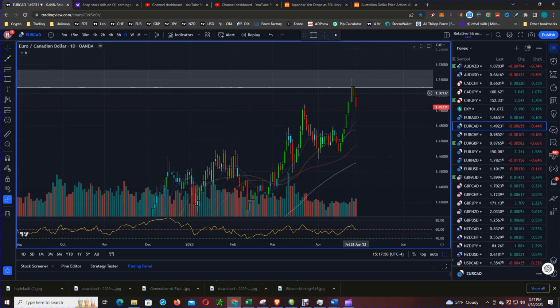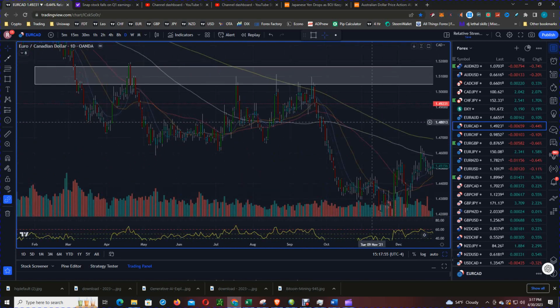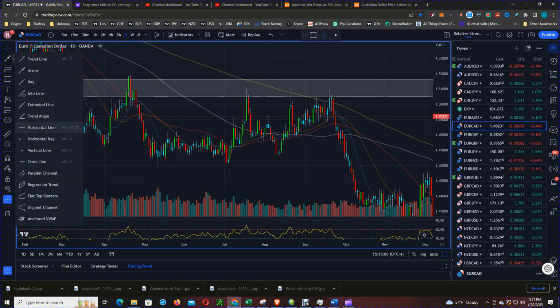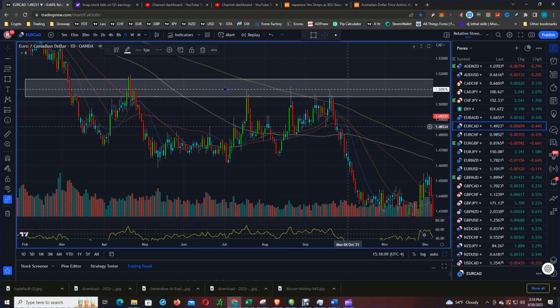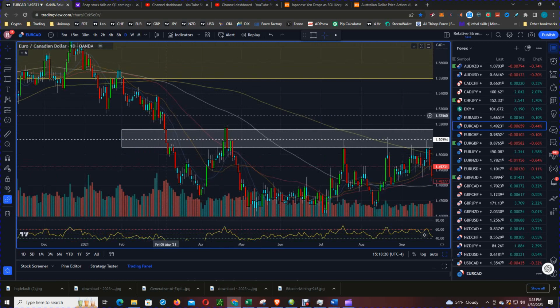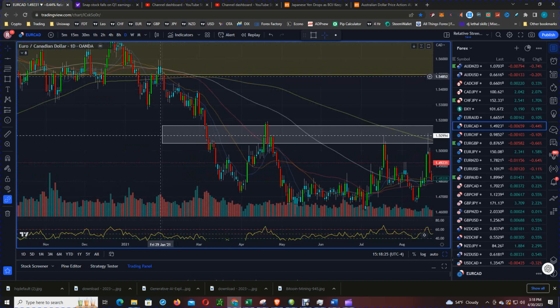So price is pulling back. Let's just see how that area looks on the daily. Wicks, wicks, wicks. So price really needs to get above the 1.51. Just looking for daily sellers.